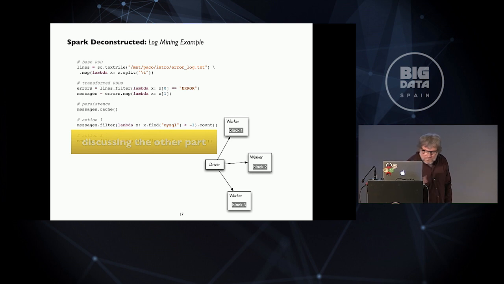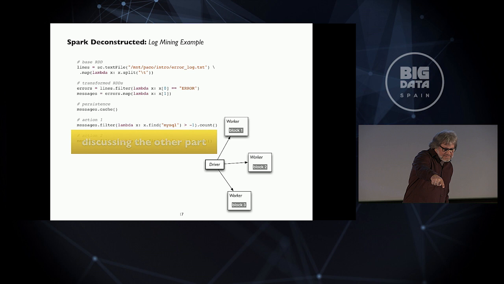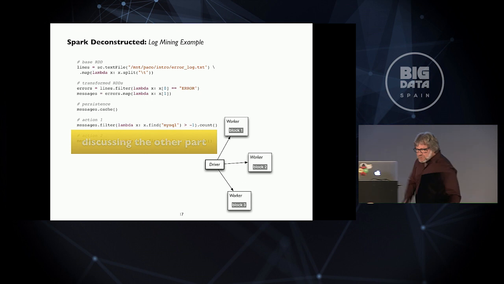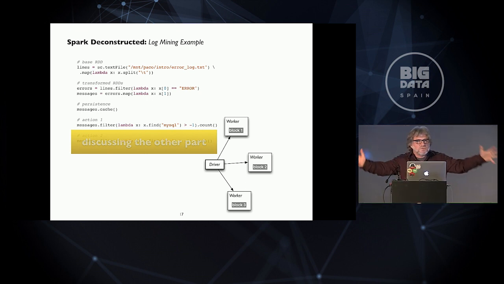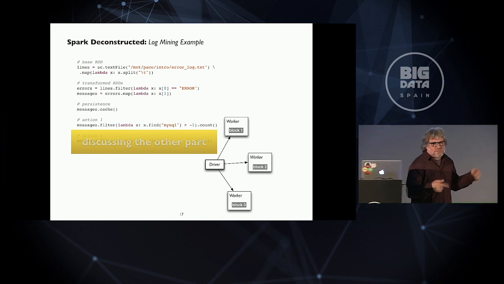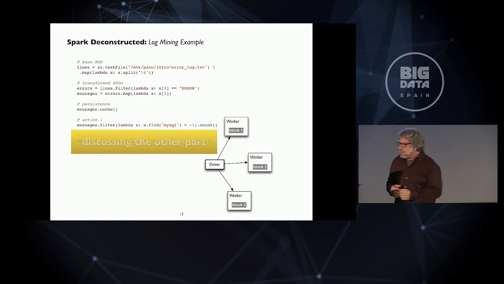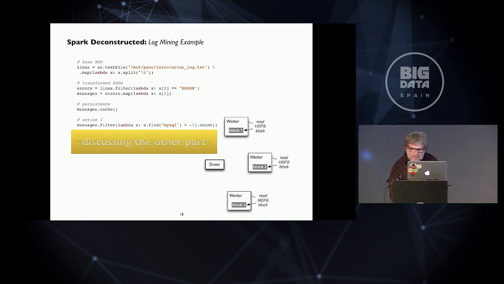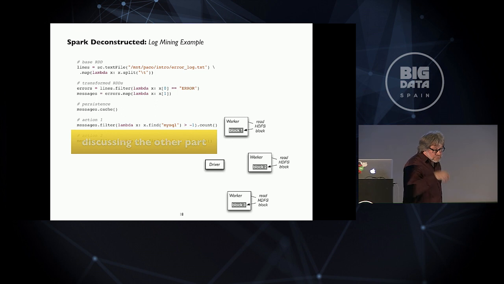Now, when we hit the first action, the count at the end of this line is actually an action. And that says, go ahead and get the data. So the whole graph up to that point is being evaluated now. This graph gets serialized out to the workers. The driver is going to send the code out to the workers, and then it'll tell each worker, go ahead and start to execute some tasks out of the graph.